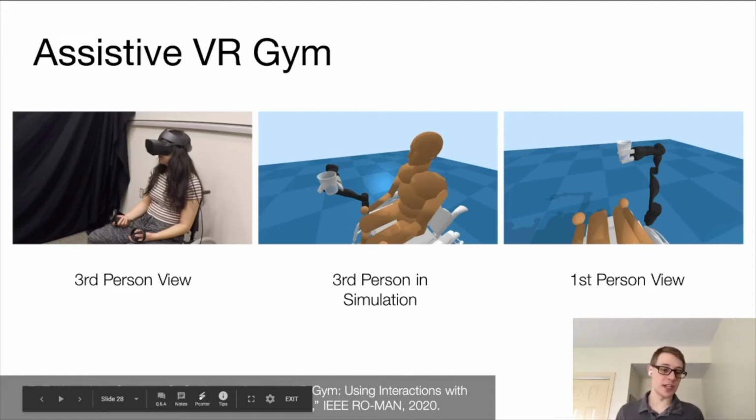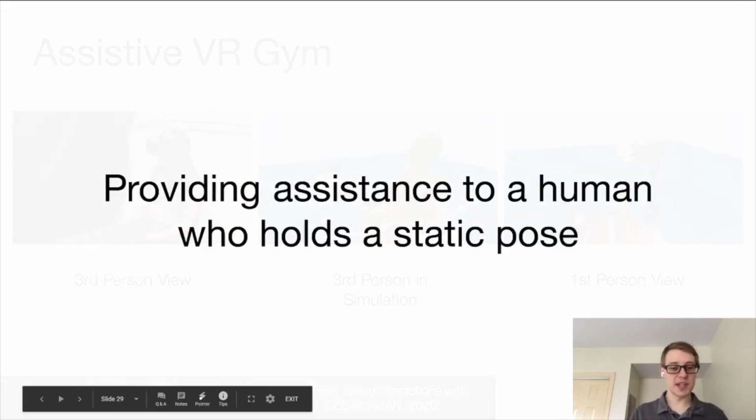There's no real robot, so the person can't get hurt from this interaction. So it allows us to test out what robots have learned in a very safe environment. It's also a little bit faster to test and do these evaluations than working with real hardware. So there are a number of benefits that come with virtual reality, and it's an interesting component. Now let's look at different ways that robots can provide assistance to people.